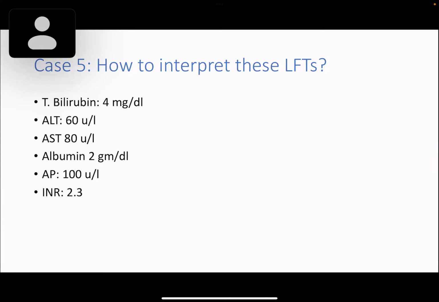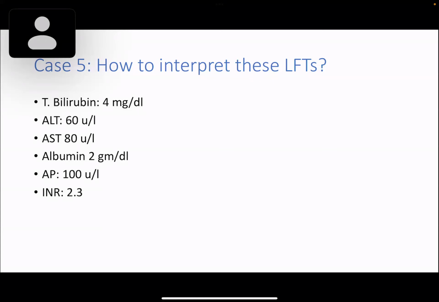So all these findings are typical for chronic liver disease, typically seen in liver cirrhosis. So these findings are consistent with liver cirrhosis.